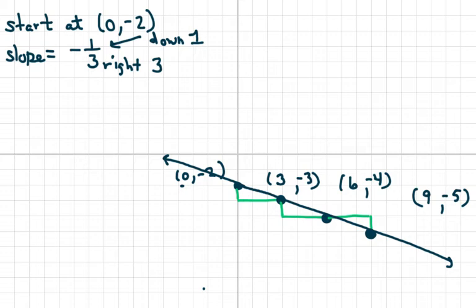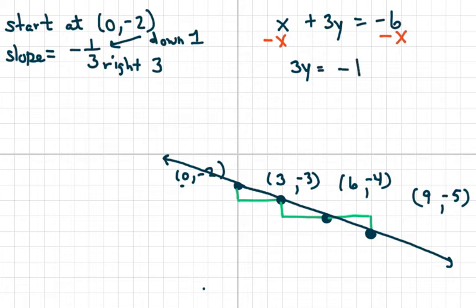Here, I started with x plus 3y is equal to negative 6. And I said, I don't have the y by itself, so I'm going to subtract an x from both sides. So now I've got 3y is equal to negative x.